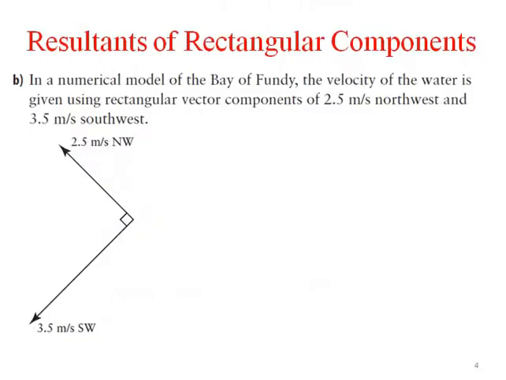Part B. In a numerical model of the Bay of Fundy, the velocity of the water is given using rectangular vector components of 2.5 meters per second northwest and 3.5 meters per second southwest. So we need to find the resultant vector.